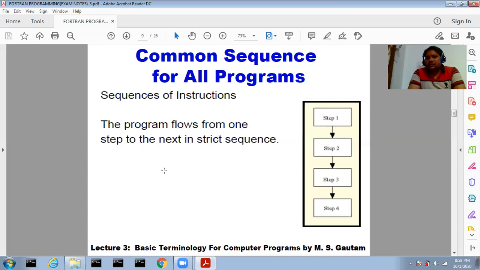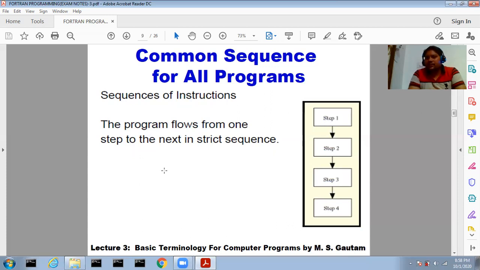Sequence of instructions. That means the computer receives some information or instructions from its user from the input section. Computer does the operation in steps: first step 1 is completed, then depending upon the instruction, step 2 is completed, then step 3, and then step 4.